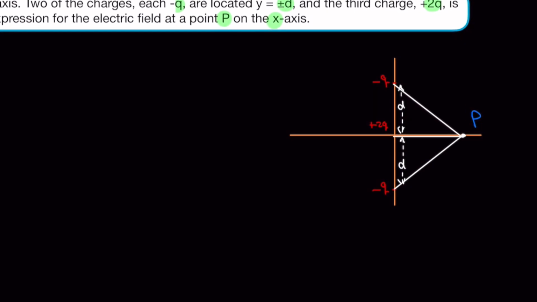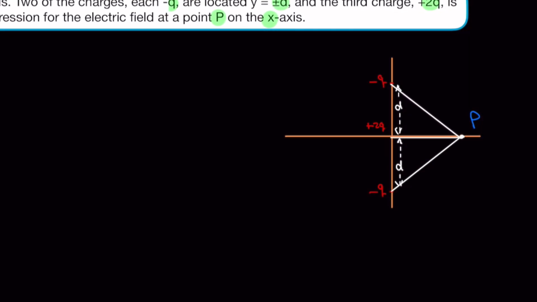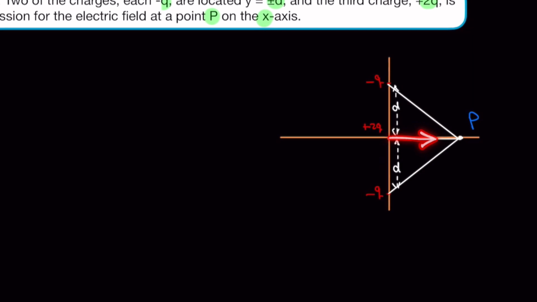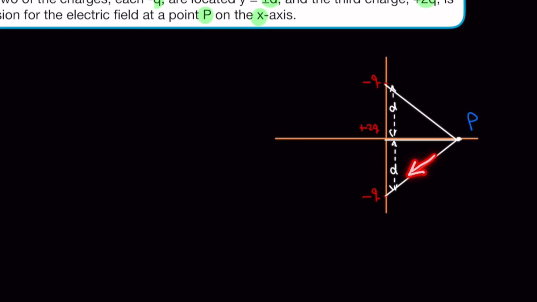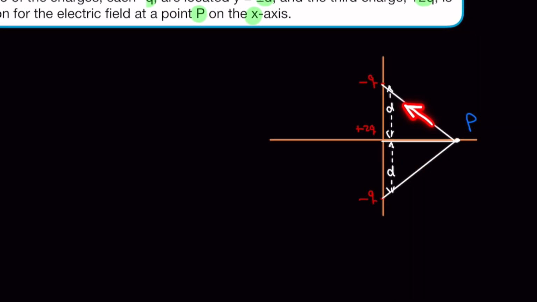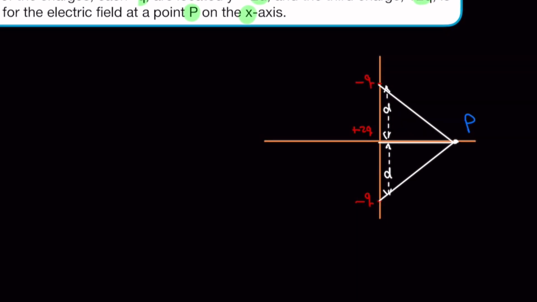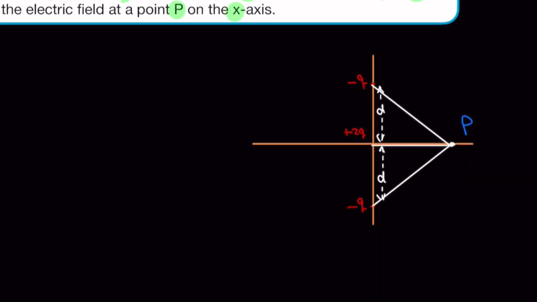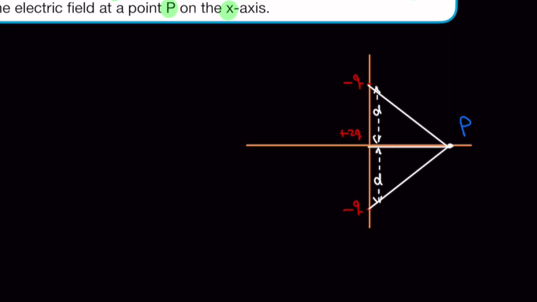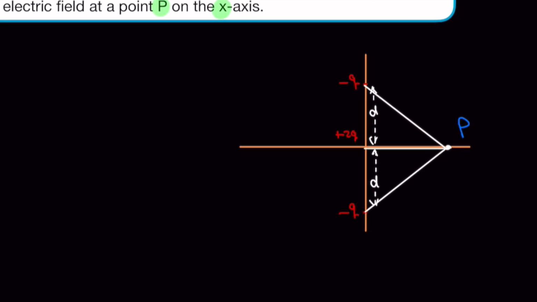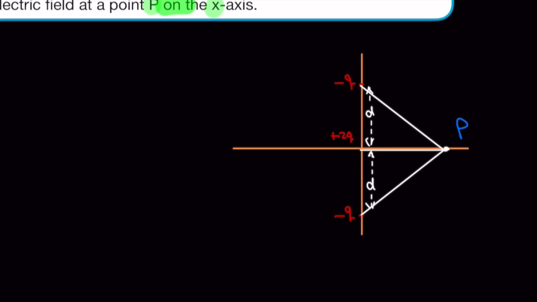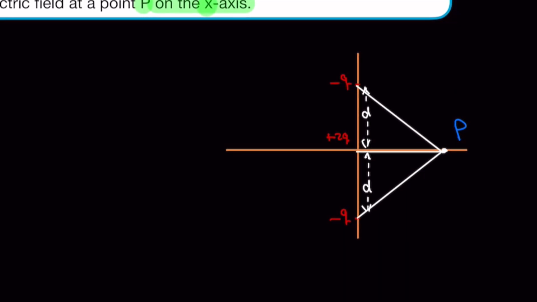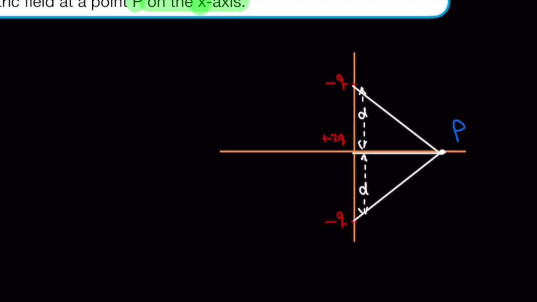So we understand that the electric field here goes in this direction, and here it goes in this direction, here it goes in this direction. So first of all, we need to get each one separately, and then we add all of them together and consider that we need to get it only for the x-axis. So that means that there is no electric field on the y-axis.